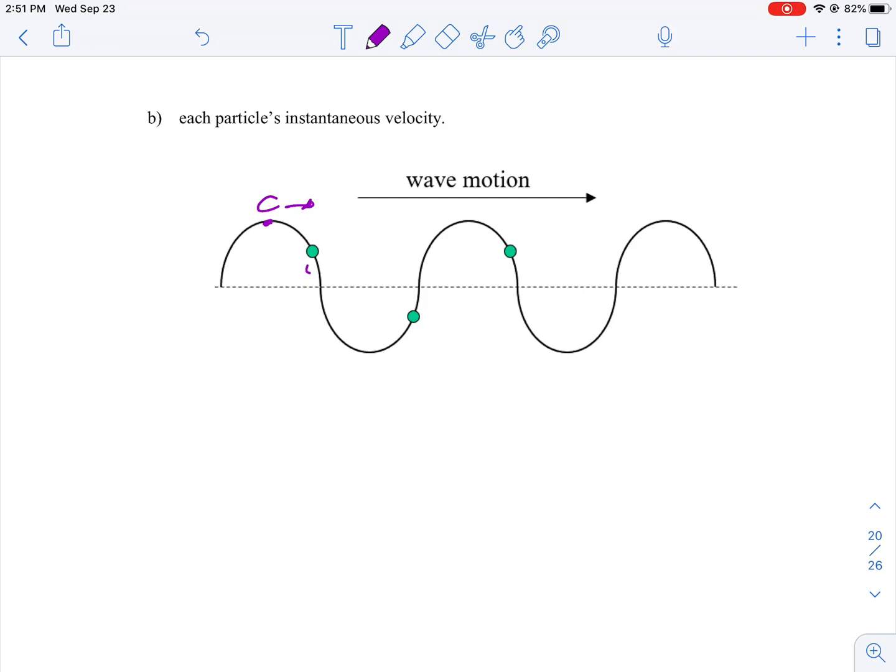So this particle will be moving upward. That's the direction of its velocity, upward, because the crest is going to lift it upward. For the next one, you'll see that there's a trough coming towards the particle. And if that's the case, then it's going to cause this to drop. So the velocity goes down.